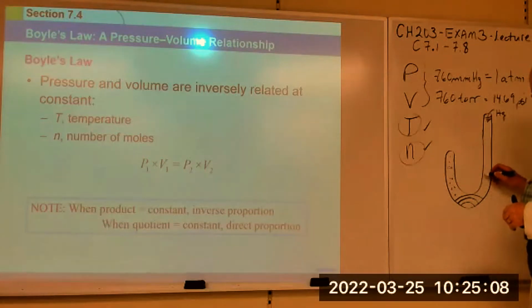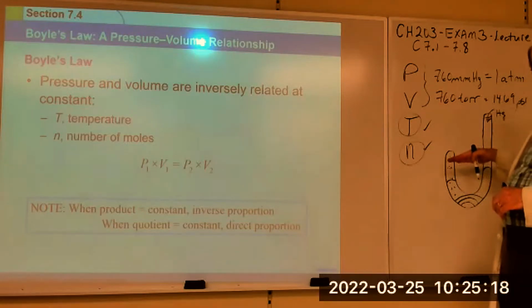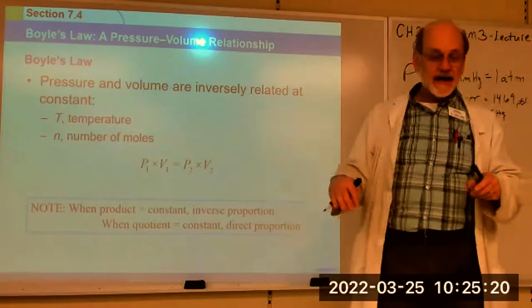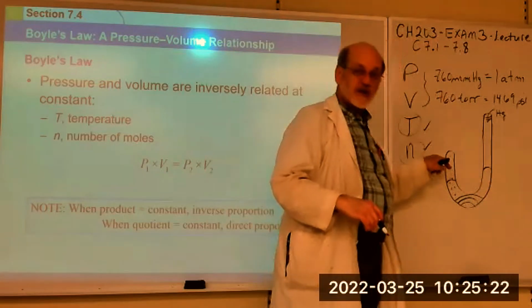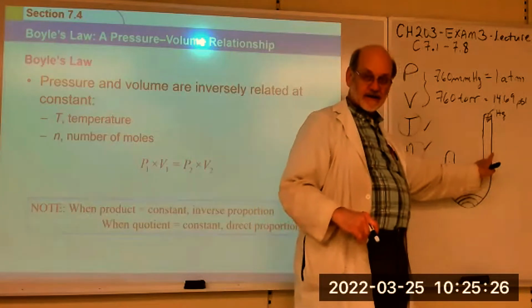But whatever the case may be, he kept adding mercury. And as he did, he found that he might get this much mercury in here, but it only came up to here on that side, right? They weren't the same height. Since they weren't the same height, he reasoned that this gas was pushing back against the mercury to hold this one higher.